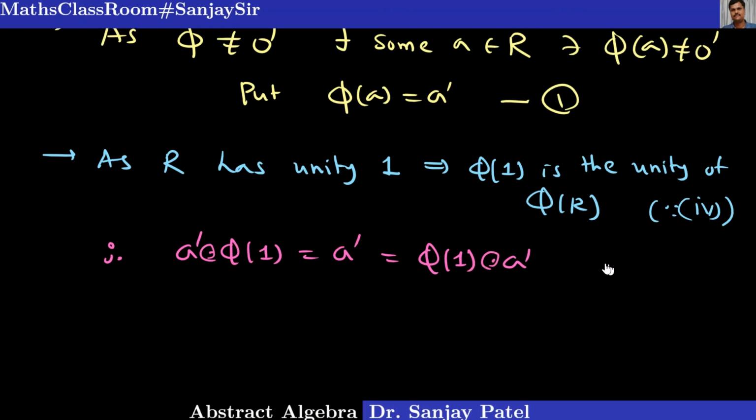This is because phi of a, that is a dash, belongs to phi of R. So this is another important observation.